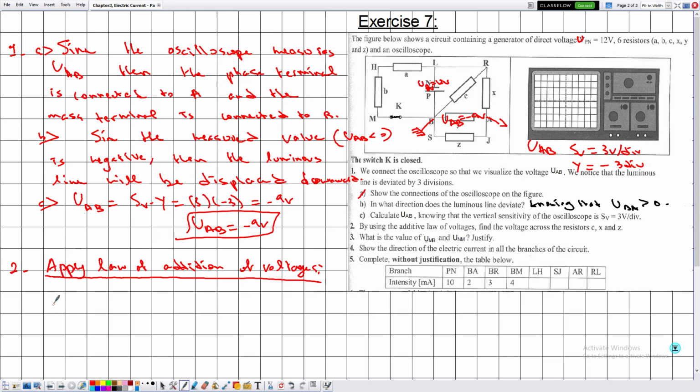Let me say UBR, which is equal to UBP plus UPN plus UNL plus ULR. So UBP is 0 because we have a connecting wire.